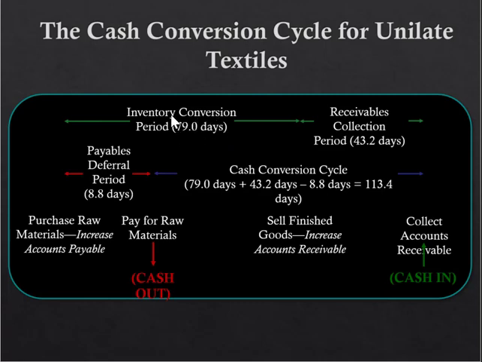A lot of companies have gone to just-in-time inventory, which you'll probably get in your operations classes, and that essentially tries to reduce the amount of this time as much as possible so that the inventory shows up and goes out the door immediately, and you're not tying up a bunch of money in inventory, and you want to defer your payables if you can to match your receivables. So ideally, 8.8 days is really quick. You'd like to see this closer to 30 to 45 days, and you'd like to see this close to zero.